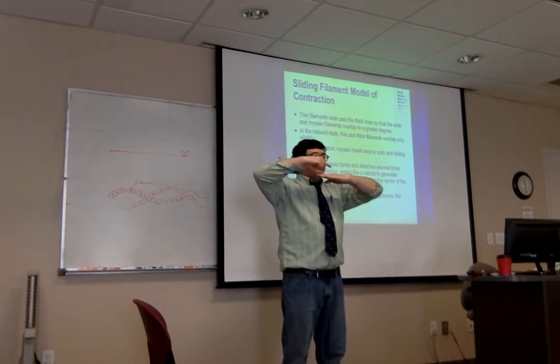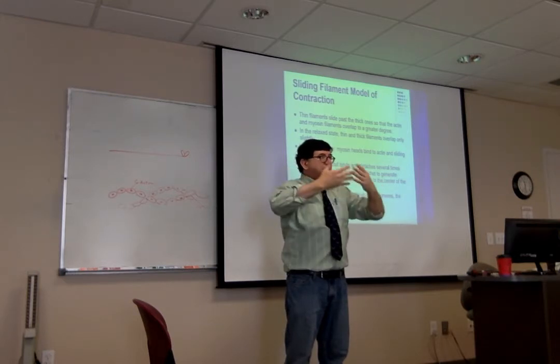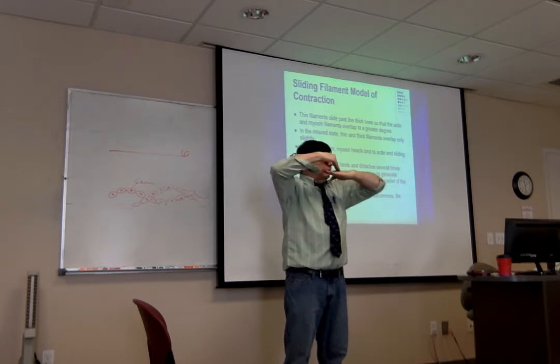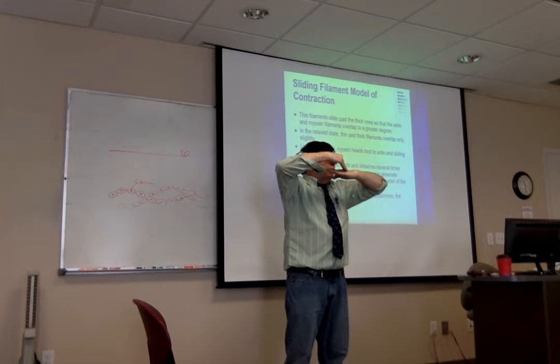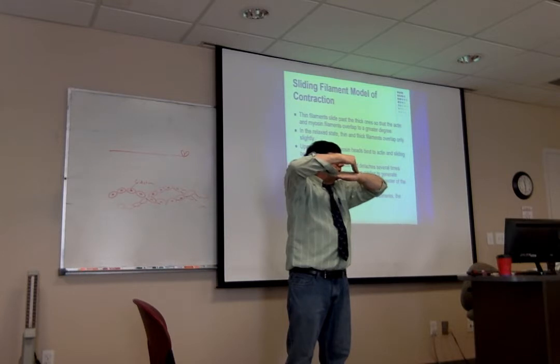So what's going to happen is once you expose those binding sites on the actin because you're displacing tropomyosin, then the myosin heads attach. They have an affinity for that binding site. And once they do that, they carry out what's called a power stroke, which causes these two filaments to overlap to a greater extent. Then the myosin head attaches again, and again carries out another power stroke.